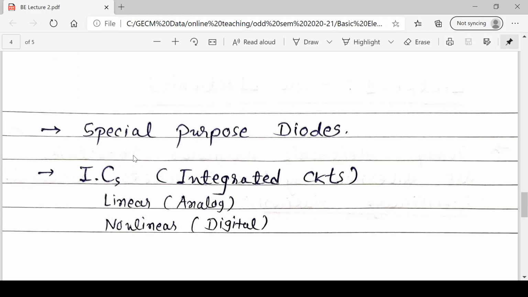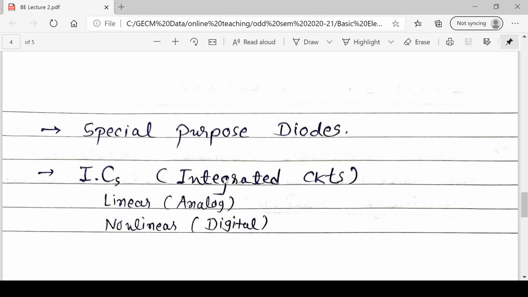Then come special purpose diodes. The PN junction diode is not the only one. We can have LED, photodiode, Schottky diode, PIN diode, varactor diode, Gunn diode. So there are various semiconducting diodes which are electronic devices. And finally ICs, integrated circuits. You have seen a number of ICs on the motherboard of your PC or laptop, RAM, ROM, those all are ICs.